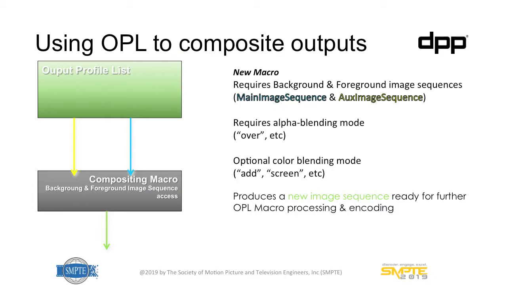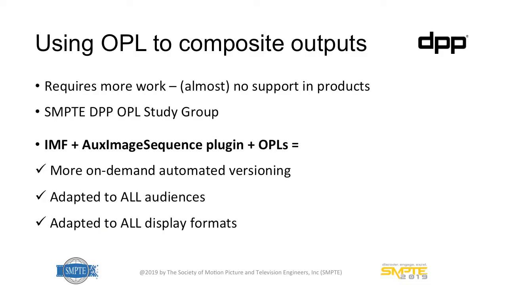And so we're intending to define a macro to do the compositing, so to composite the aux image sequence over the main image sequence, specifying the alpha blending mode and optionally the color blending mode, which then creates a new image sequence of the composited video, which can be passed to subsequent OPL macros for encoding or other processing.